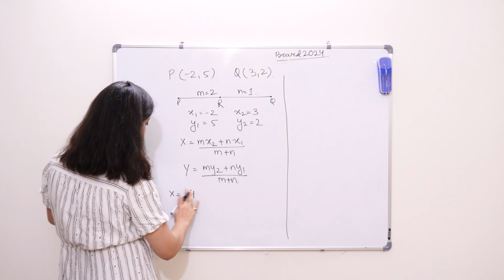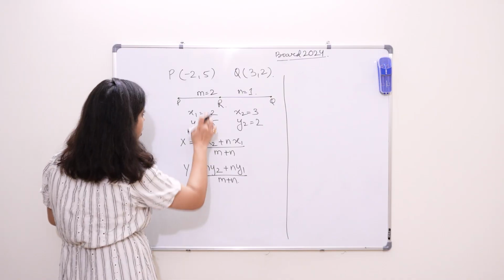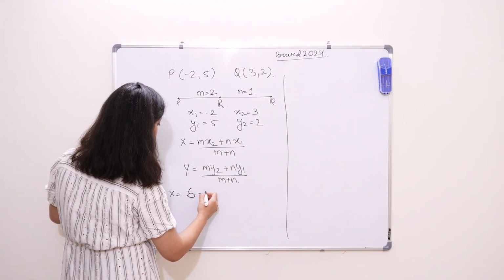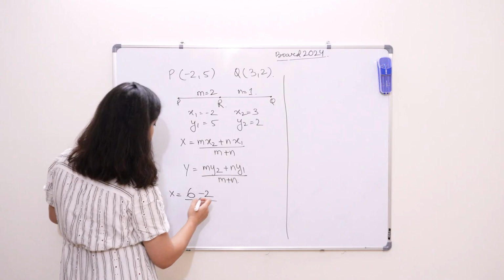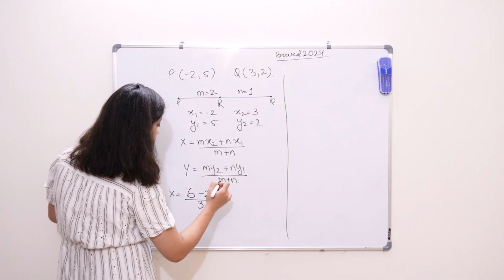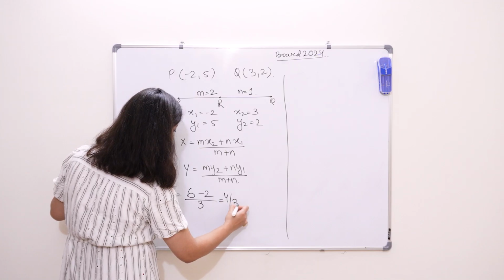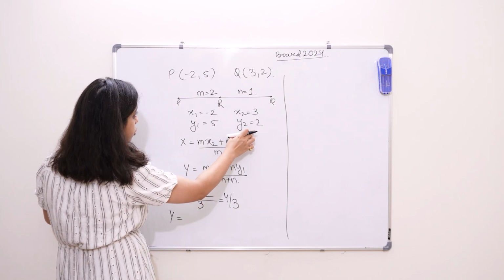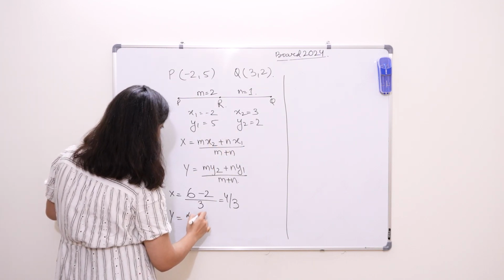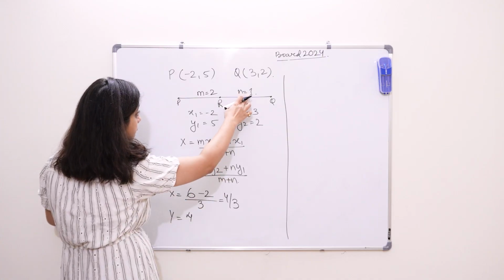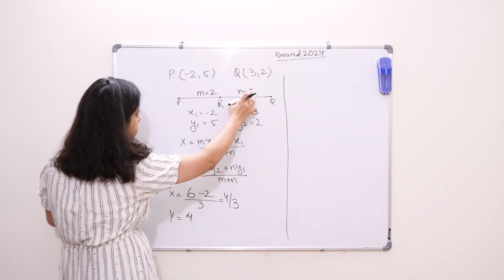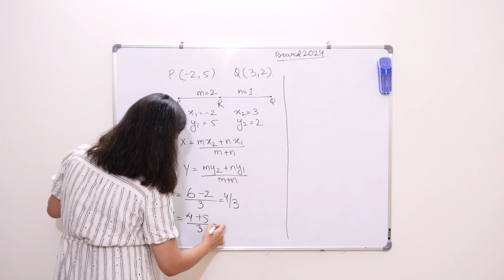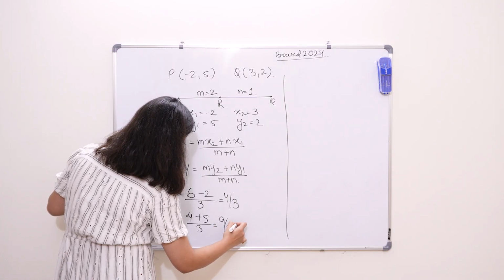Yes, so 2 into 3 6, 1 into -2 becomes -2 divided by m plus n. 6 minus 2 becomes 4, 4 divided by 3. y, m is 2, y2 is 2, 2 2s are 4 plus n 1 into y1 5, 5 1s are 5 plus 5 divided by 3, which means 9 divided by 3, which means 3.